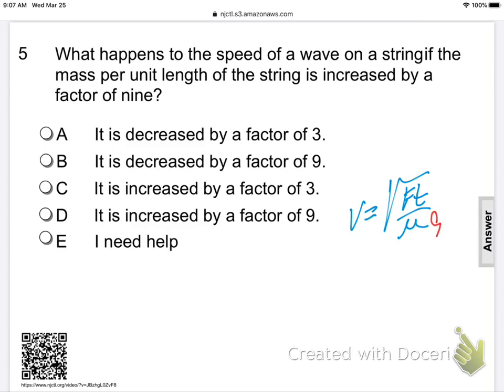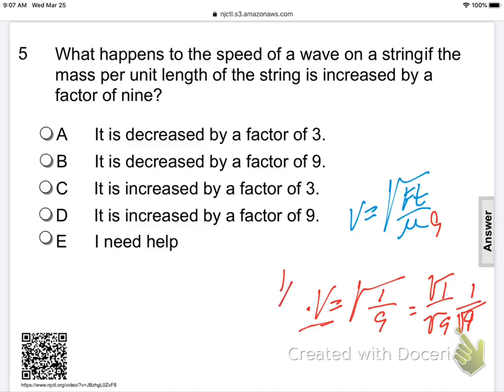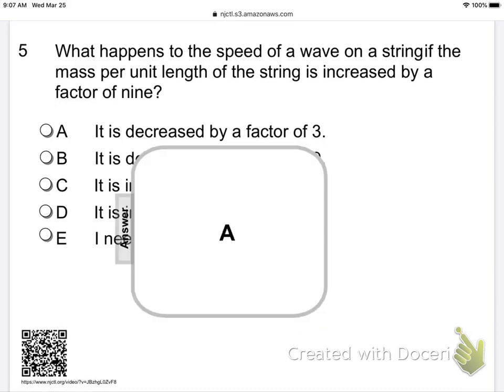So the velocity is the square root of 1 over 9, which is equal to 1 over the square root of 9. So this velocity is decreasing by a factor of 3, the square root of 9. So decreasing by a factor of 3.